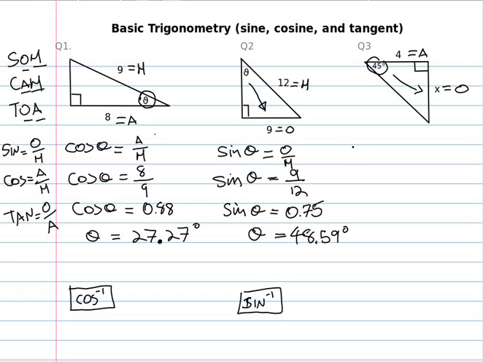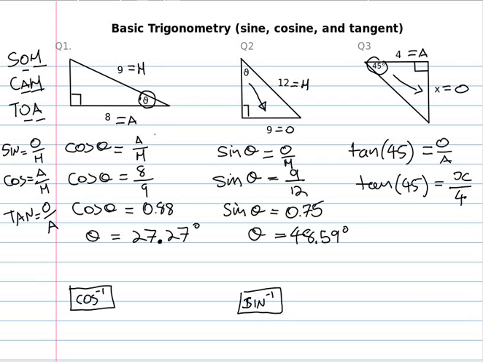So let's use tan. So tan 45 equals opposite over adjacent. So tan 45 equals x over 4.